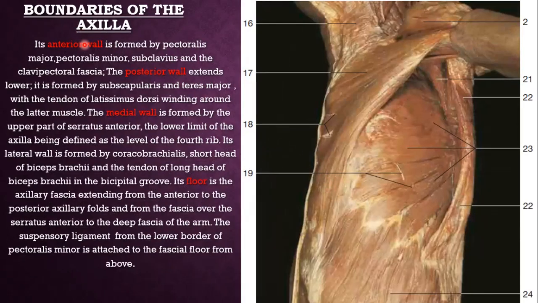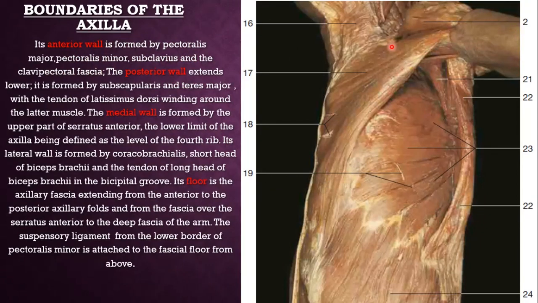Now, the anterior wall of the axilla is formed by the pectoralis major muscle, pectoralis minor, subclavius, and the clavipectoral fascia. This is the pectoralis major muscle. Posterior to it, you find your pectoralis minor. Subclavius will be somewhere just underneath the clavicle.